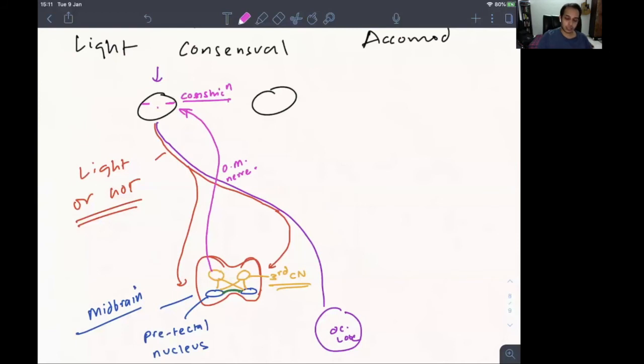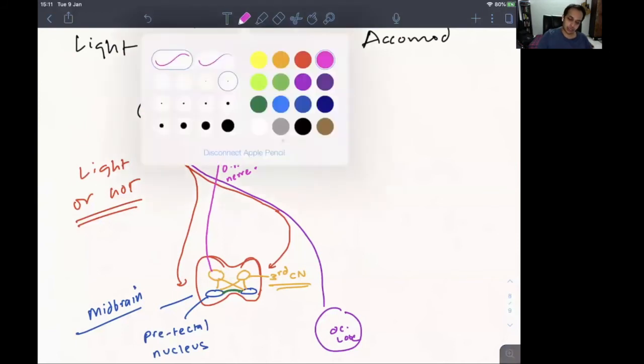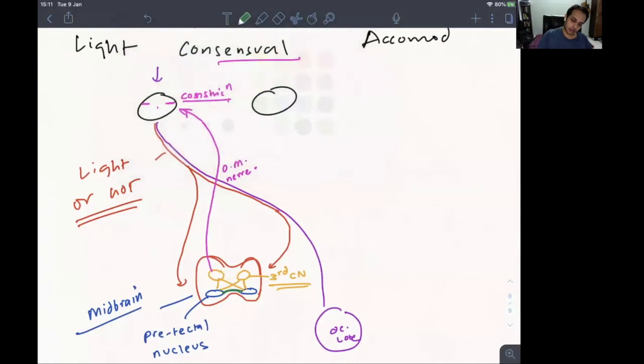Now, the consensual reflex happens because, like I said, it goes to both sides. So if there is light here, the light information will go down to the same side, act on the same side pretectal nucleus, act on the same side cranial nerve 3, and come back on the same side oculomotor nerve.